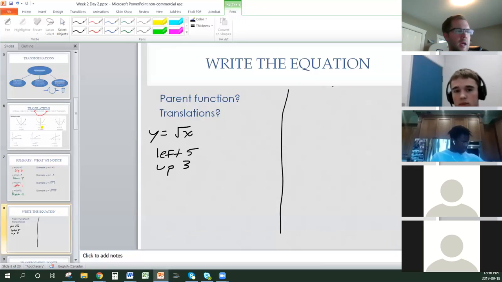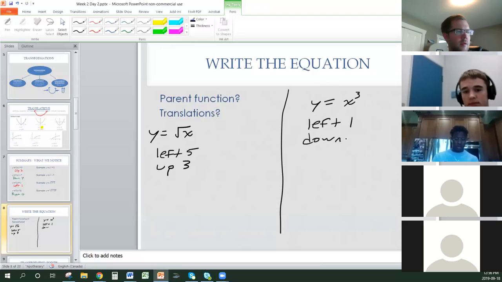Okay. And Toby, what's your parent function? X cubed. And left or right? Left 1 and down 4. Excellent. So I'd like everyone to take 2 minutes and answer these 2 questions. What we're looking for is what the equation will be when it's being shifted in these directions.